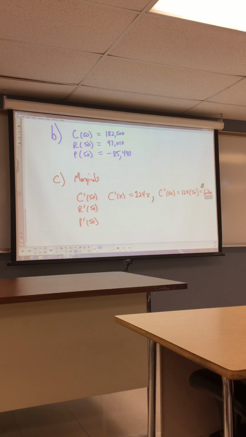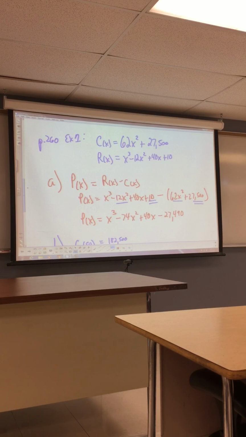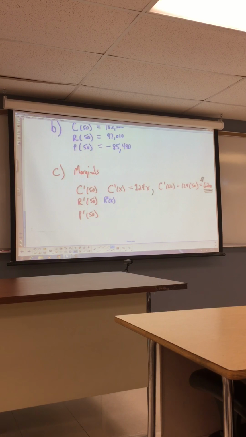Alright, we can do the same thing for revenue. So R prime of X is gonna be a little bit more involved. 3x squared minus 24x plus 40. Okay, and R prime of 50 means I'm gonna plug 50 into all of those x's, and my book says I get $6,340.